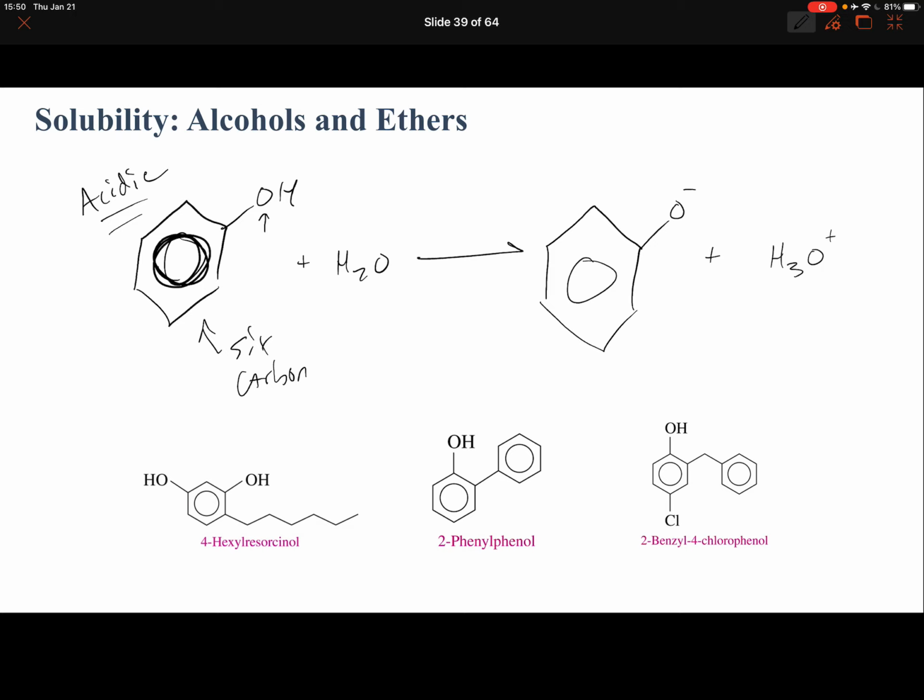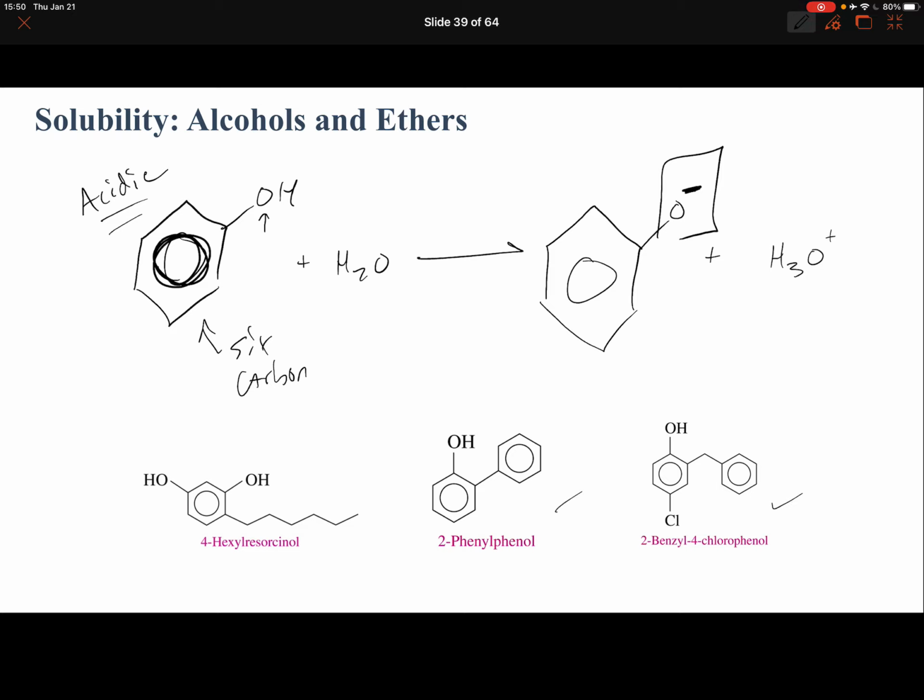So because phenol can do this, even though it has 6 carbons and wouldn't be very soluble, by losing that hydrogen, it gets this charge up here. It gets this negative charge on the O, and that really likes the water, and the water really likes that. And so phenol is soluble, where normally you would think a molecule like that wouldn't be soluble.